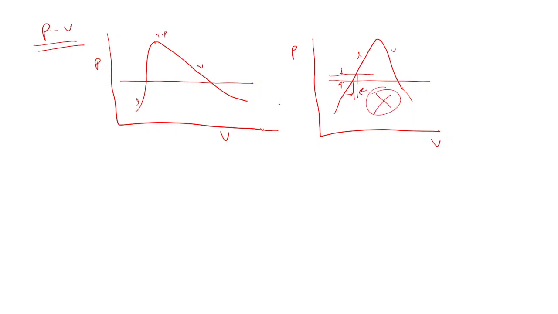So this won't be there. For the PV curve, this is the saturated liquid line. For the saturated liquid line, this curve would be very steep, close to vertical. That way you can justify this. So for the PV curve, this is okay.